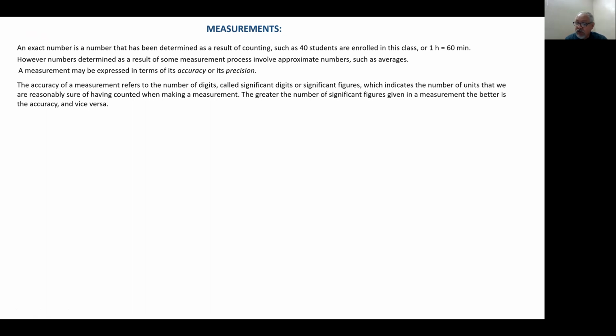And these figures are also given by the precision, right? The number of digits, if you use a ruler or you use a micrometer, it's different precision, different significant figures. So it depends on the device you're using in the lab. If we were using the same device all the time, we have no problem in reporting our measurements.